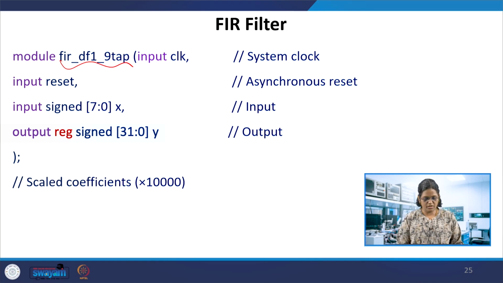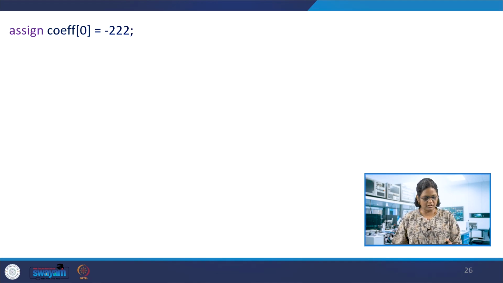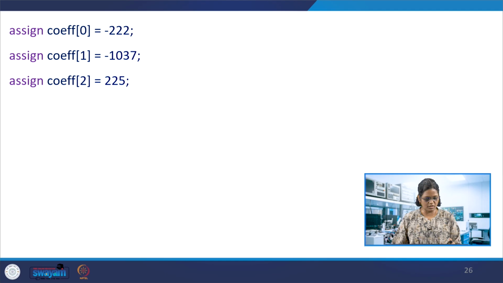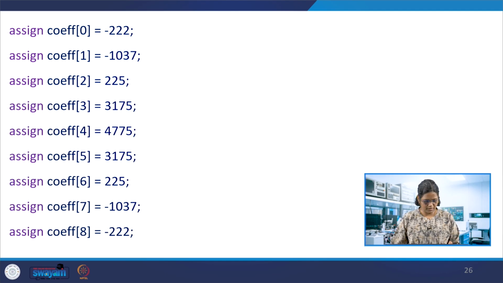The scaled coefficients are, if you remember, 0.022 and minus 0.1037 and all those coefficients we have got, and we scaled them up by 10,000. So we store it here, 222 the first coefficient, then the next one, and these coefficients 225, 317, all the coefficients over here, storing them 0 to 8.